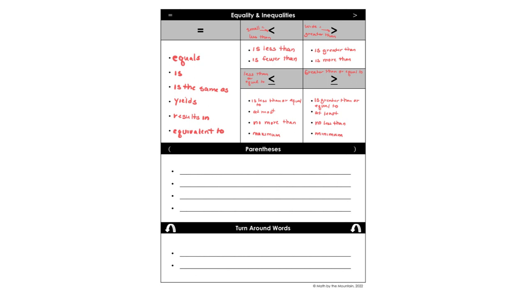Okay. When you see parentheses, your keywords are times the sum of, times the difference of, decreased by the sum of, or decreased by the difference of.